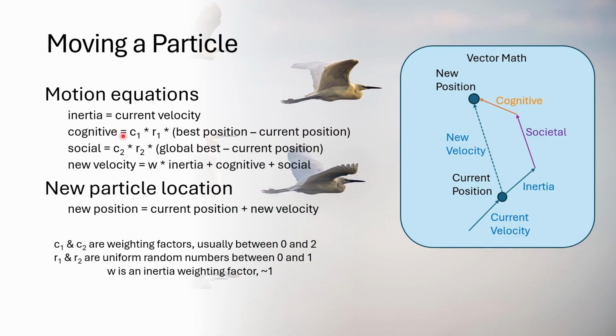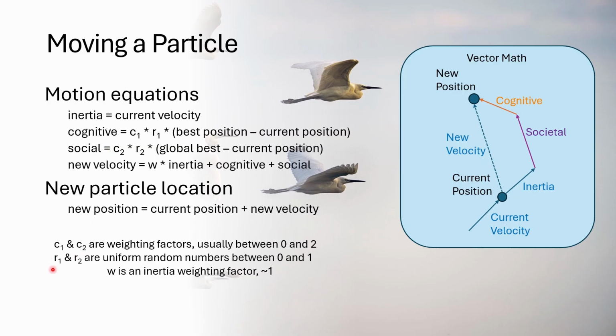Cognitive relates to where the best position is relative to the current position of that particular particle. And we're going to multiply that by two components here. We have a parameter called C1, and that's going to be weighting factors, usually between the values of 0 and 2. These are going to be defined ahead of time for the particle itself, and then keeping track of the global best.